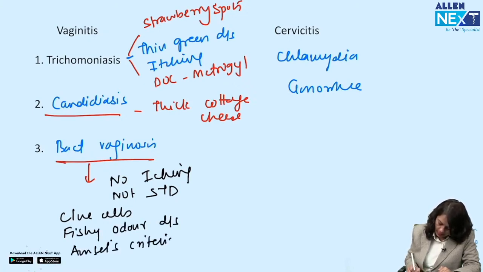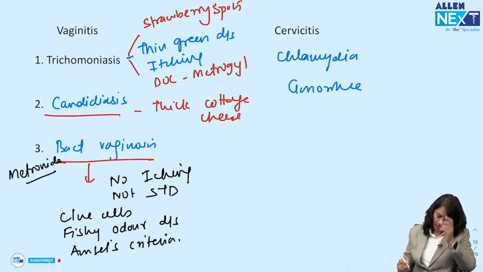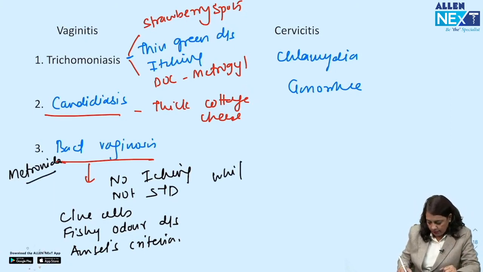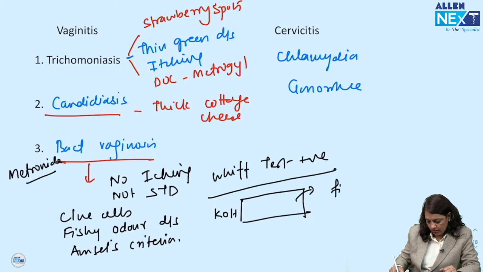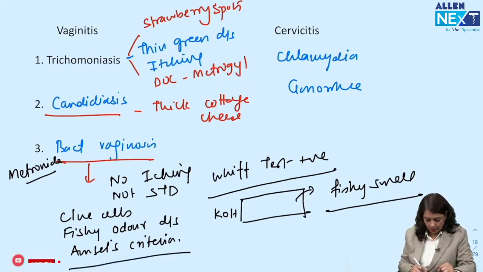Amsel's criteria are seen. Metronidazole is the drug of choice, and there is a whiff test which is positive. That is, you take the discharge on a slide, put KOH, there is a fishy smell. That is what a whiff test is. Amsel's criteria is all this.